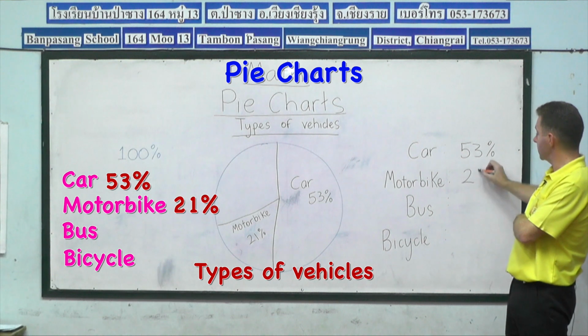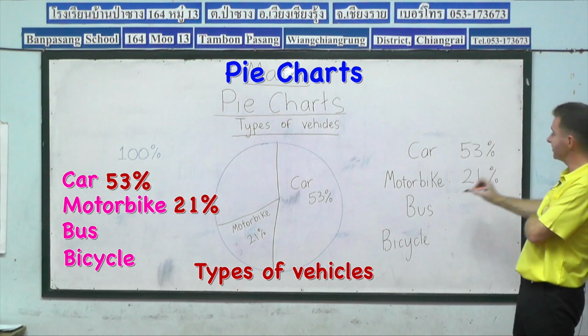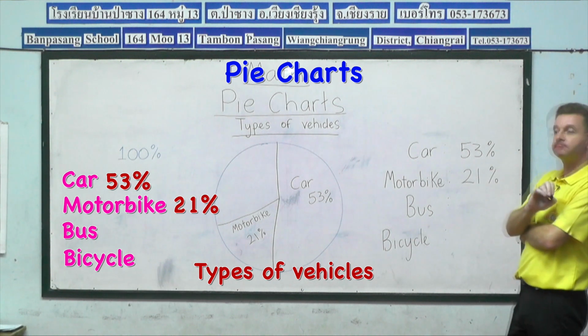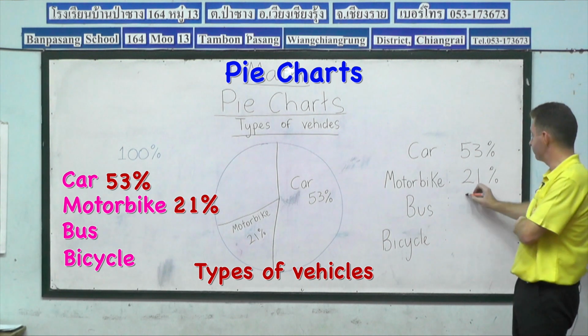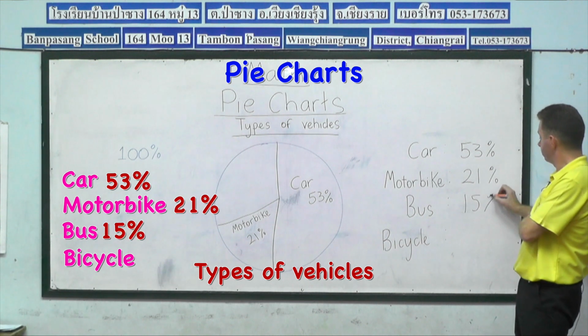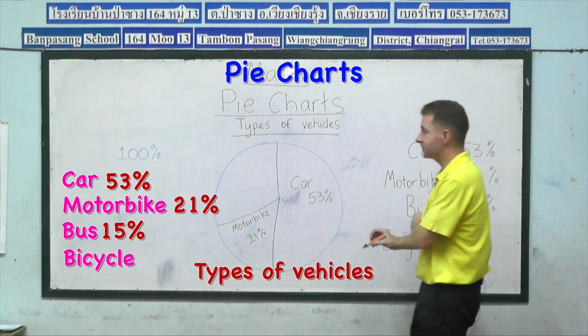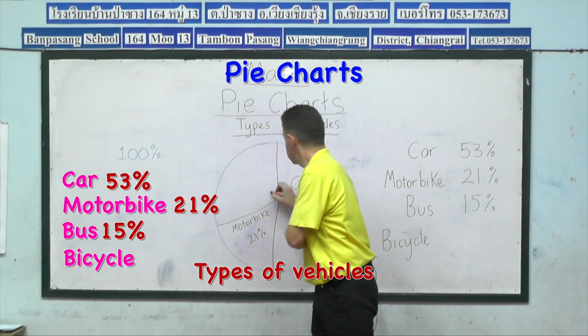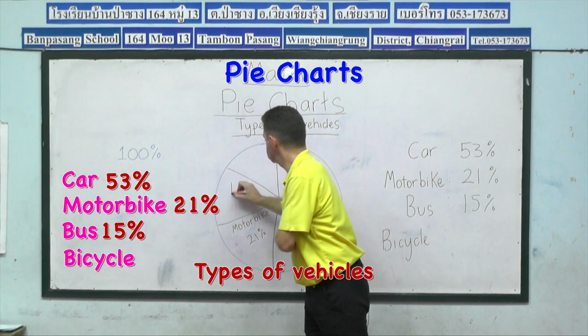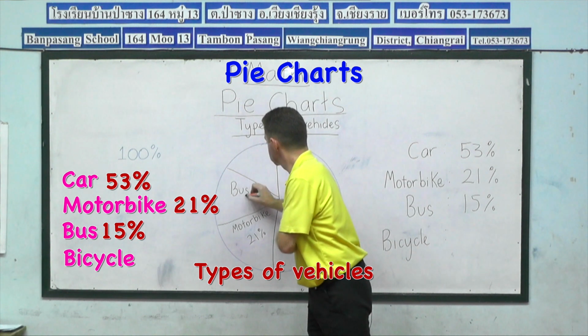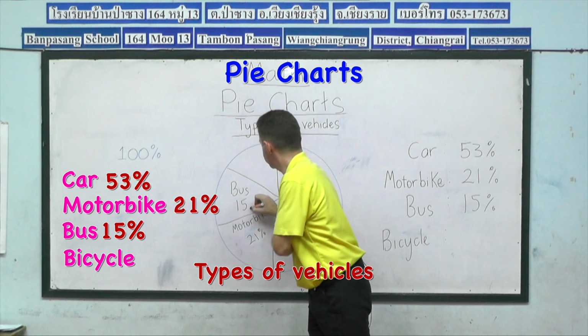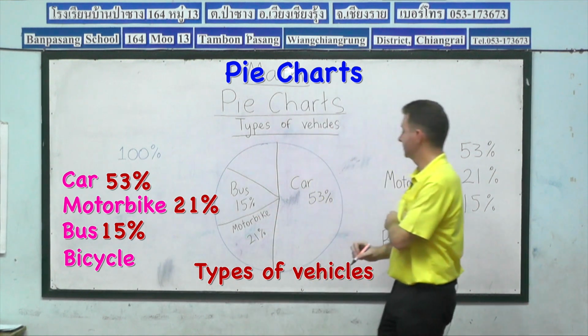So motorbike, 21. Who can tell me a figure for the bus? 15%, okay. 15% can go maybe here. Bus, 15%.